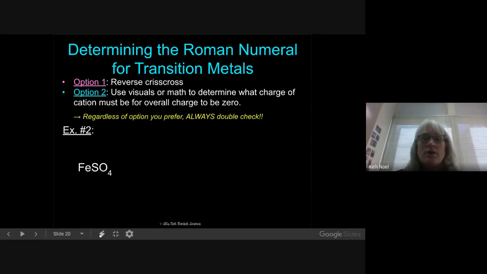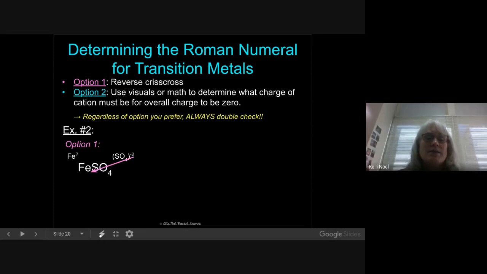So here's another. Here we're going to have iron, SO4. So we know that SO4 is a -2. We know that there's no parentheses, there's no 2 by the Fe.